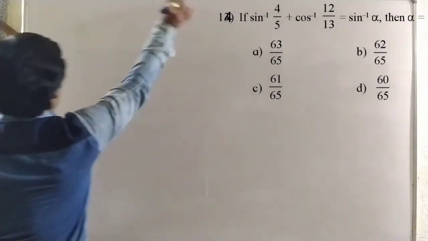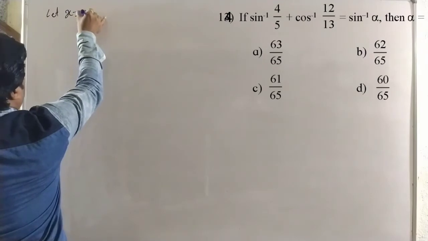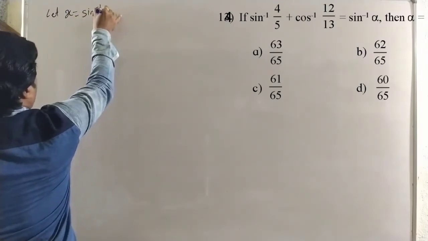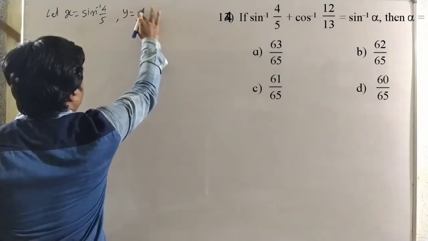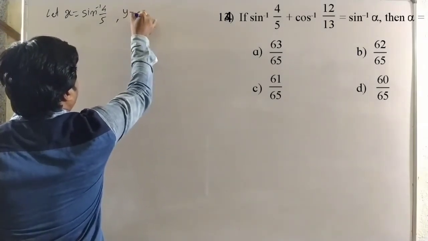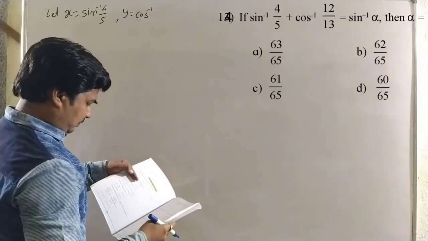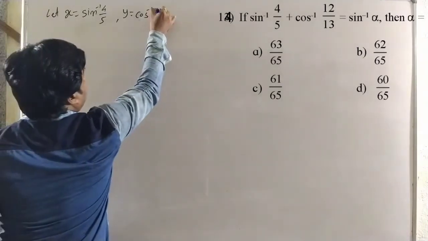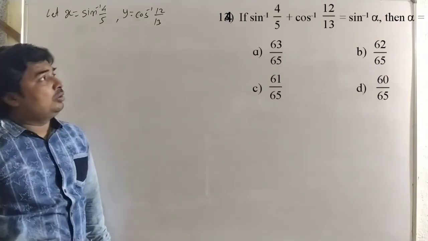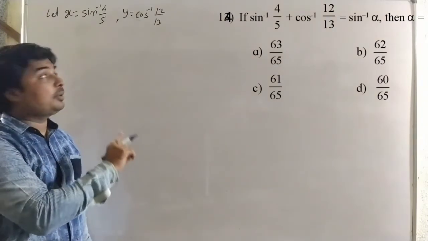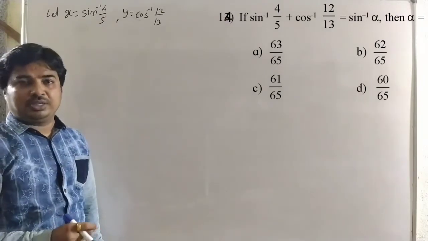See carefully. Here let x be sine inverse of 4 by 5 and y be cos inverse of 12 by 13. We want to find the value of alpha.